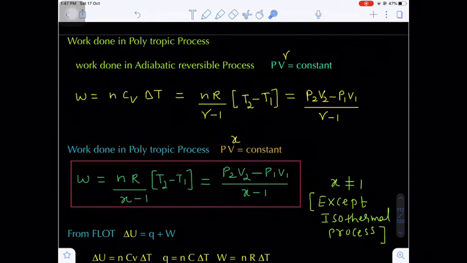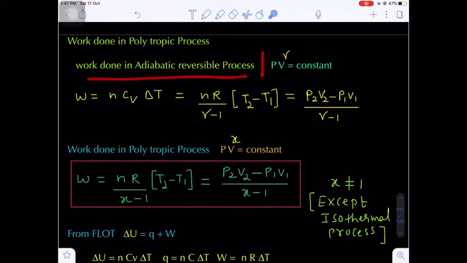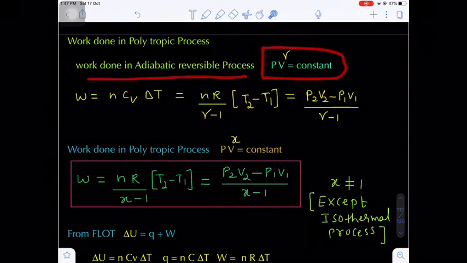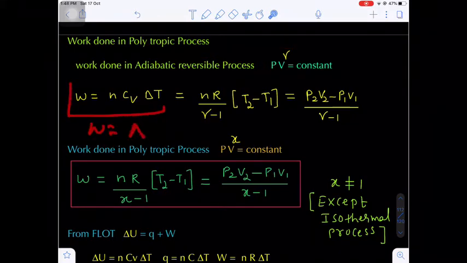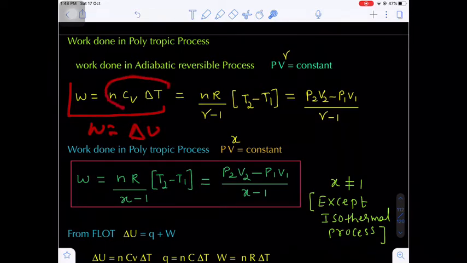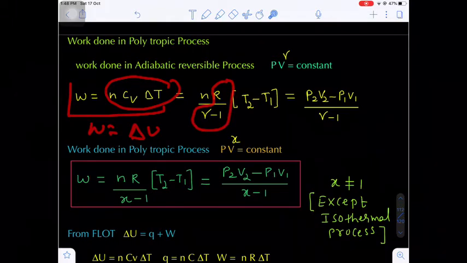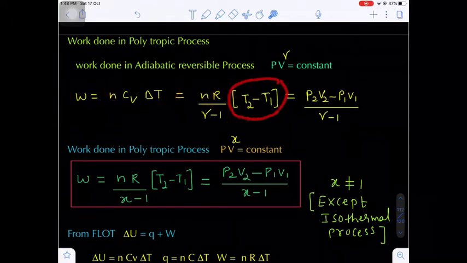Now what will be the work done in a polytropic process? Now we know in the adiabatic reversible process, PV to the power gamma is equal to constant. Already we derived the work done expression, W equal to del U, because Q is 0. So del U is nothing but nCv dT, where Cv is nothing but R by gamma minus 1 and del T is nothing but T2 minus T1.